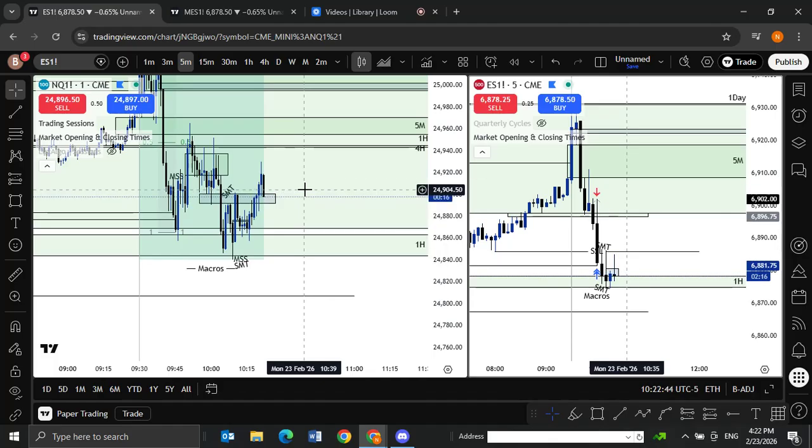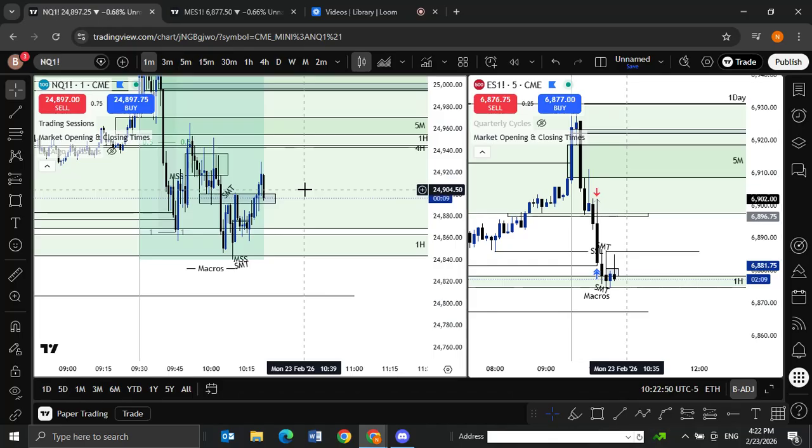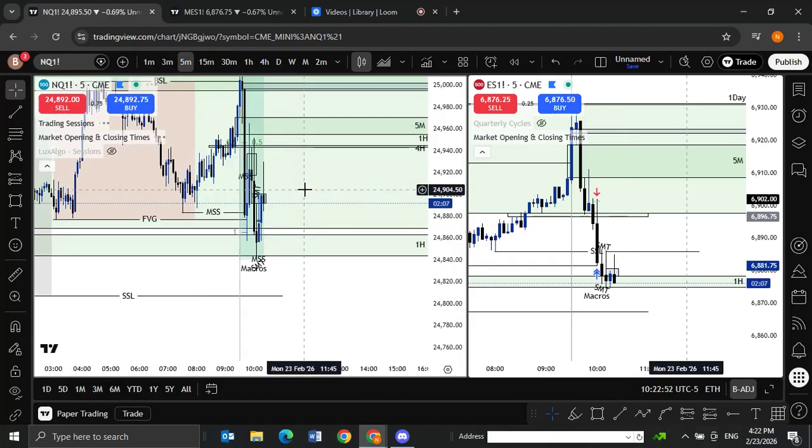Okay, 5 minutes time frame. It's 2 minutes more until we can finally see if this is going to be inverted or not.